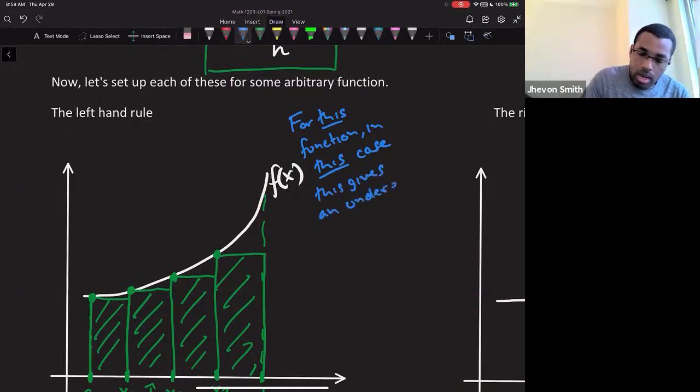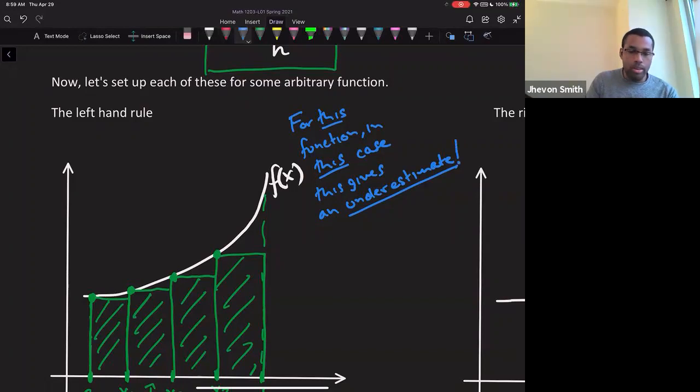For sure, whatever answer you get from these rectangles is going to be smaller than the actual area, because you have spaces missing right here. You have these little pockets of area that you haven't found.